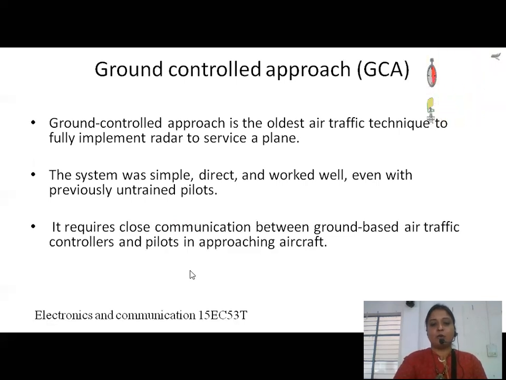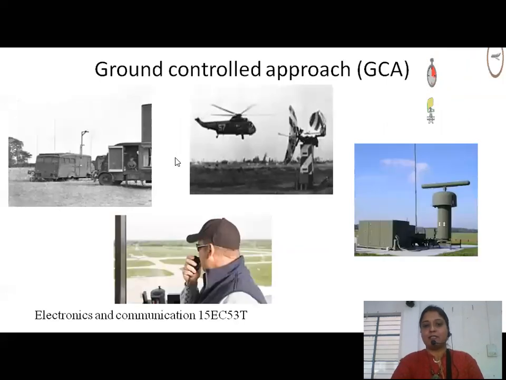It requires close communication between ground-based air traffic controllers and pilots in approaching the aircraft. It means communication is required between the pilots and the staff present at the ground station. They should communicate continuously to land the aircraft. Suppose the aircraft is trying to land; from the ground station, the persons are observing on the monitor.